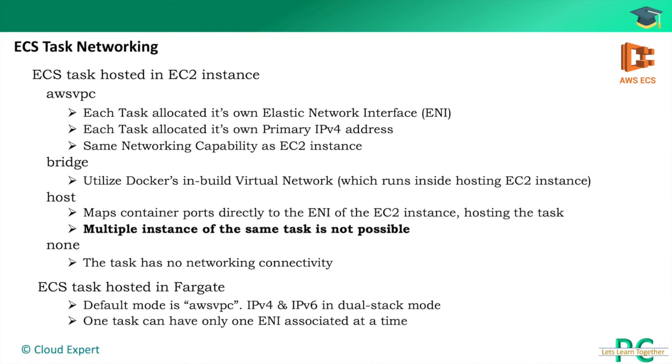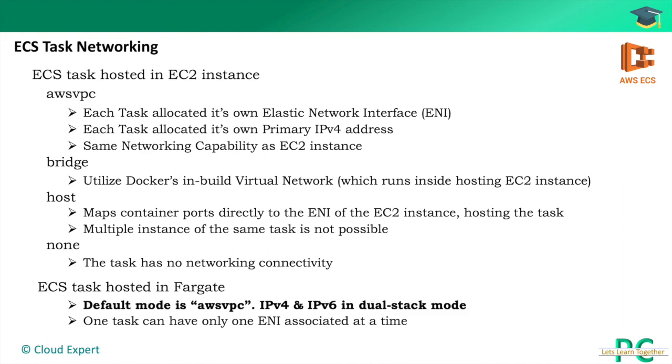As a result, you can't run multiple copies of the same task on a single EC2 instance when port mappings are used. And the fourth option is none. The task has no networking connectivity under this option. Now let's move to ECS tasks hosted on Fargate.